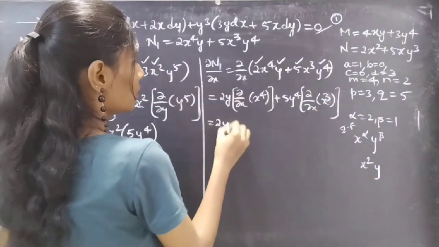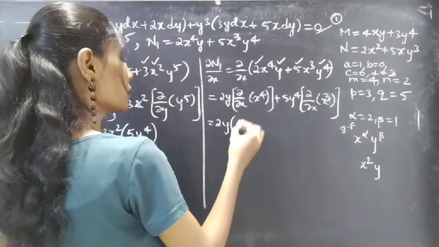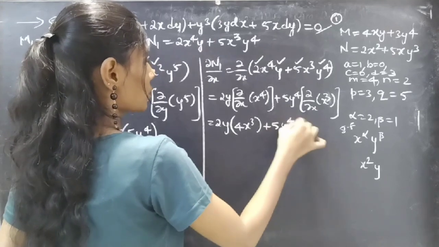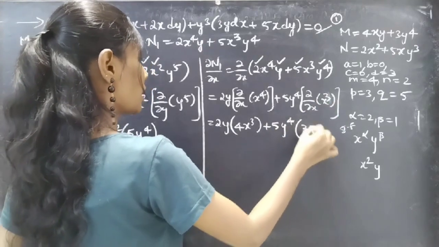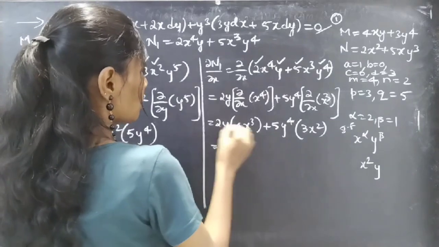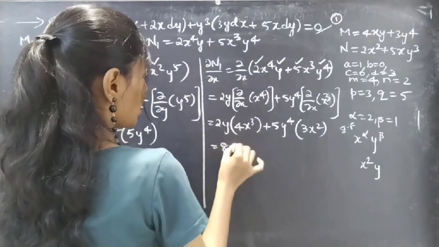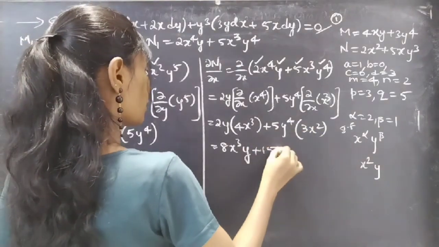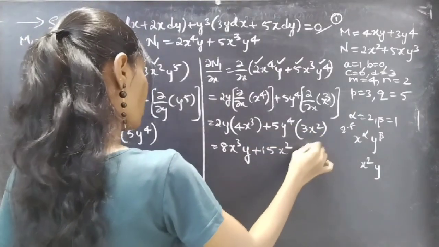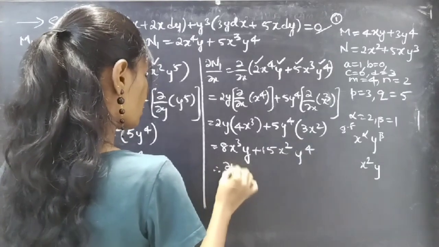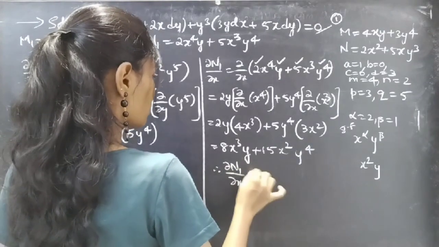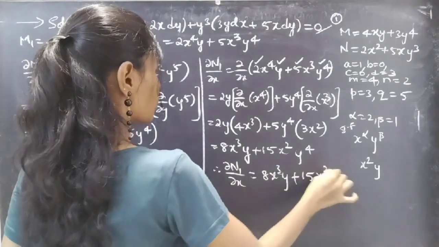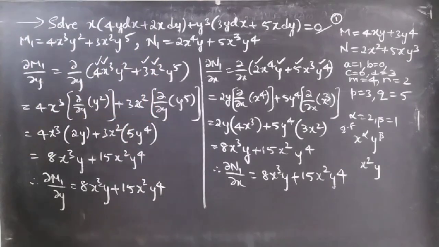This gives us 2y into 4x³ plus 5y⁴ into 3x², which gives us 2 4s are 8x³y plus 5 3s are 15x²y⁴. Therefore, the partial derivative of N1 with respect to x is 8x³y + 15x²y⁴, right?